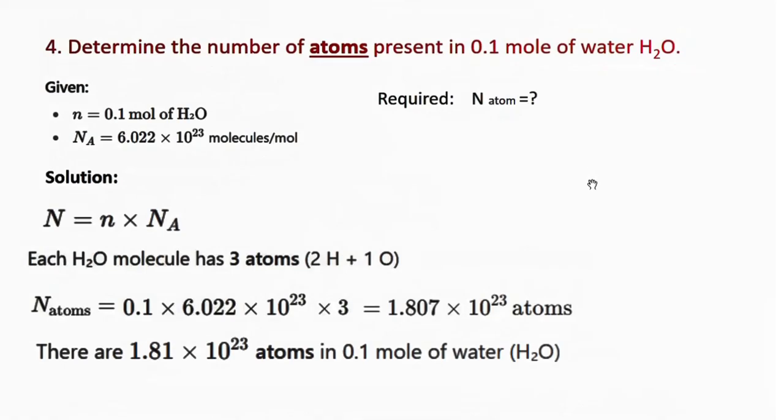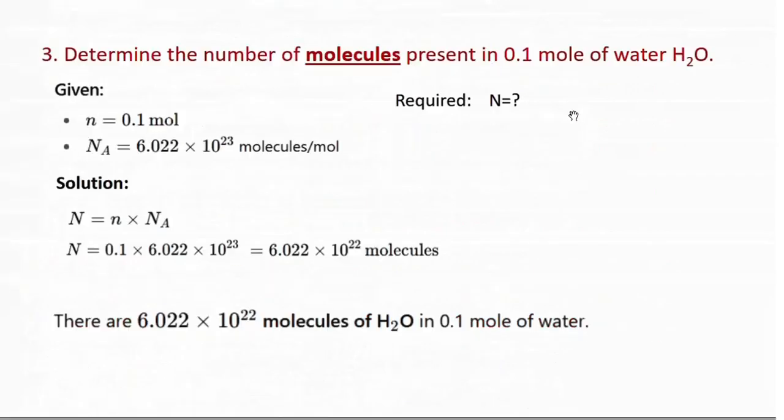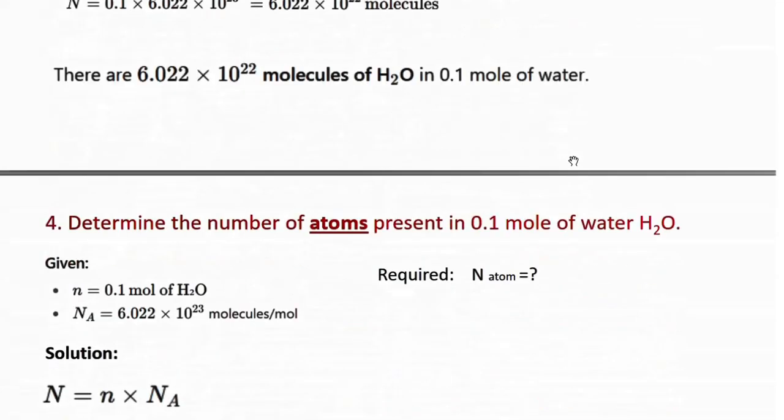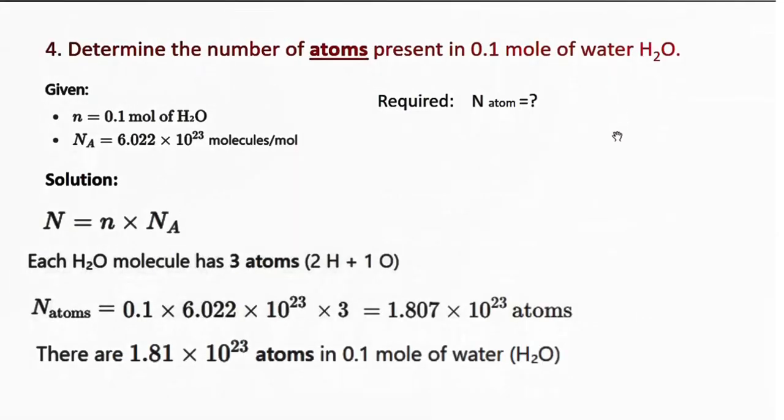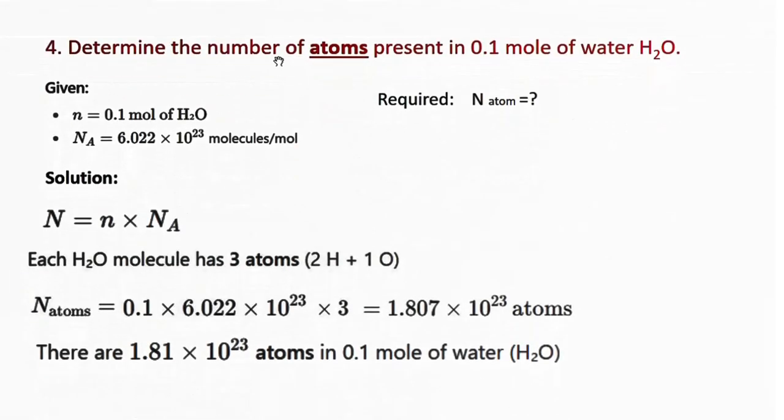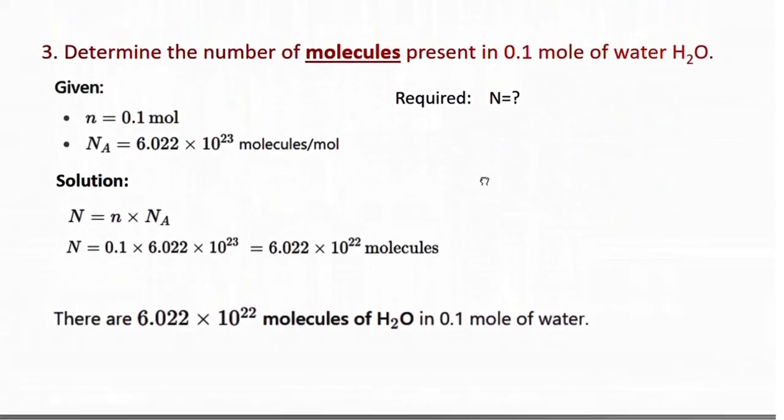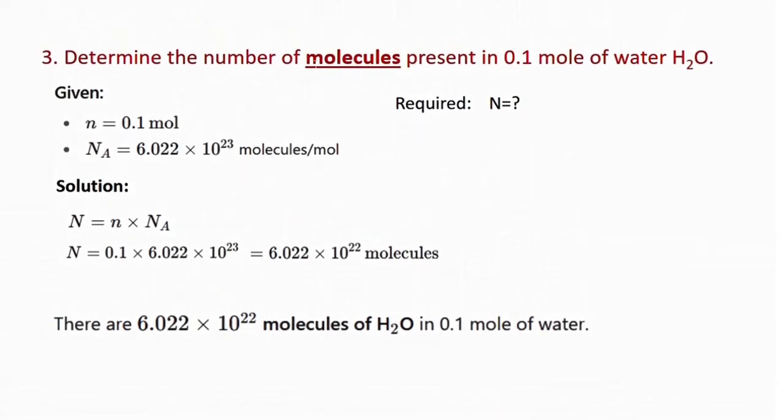The last example: determine the number of atoms present in 0.1 mole of water. Notice that this exercise is similar to exercise 3, but there is an important difference, which is that here we have to calculate the number of atoms, but in example 3 we calculated the number of molecules.